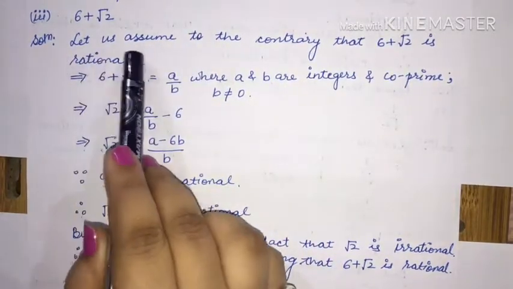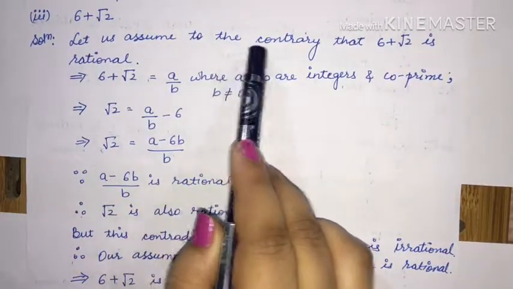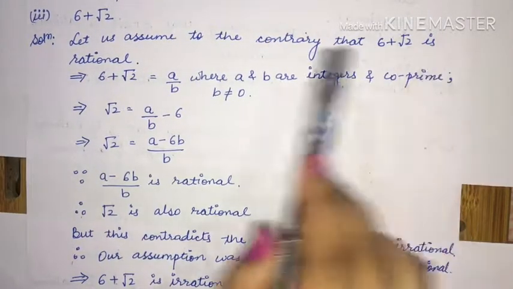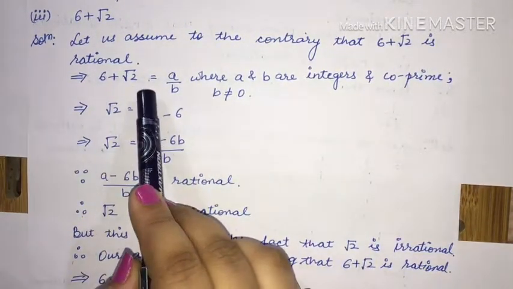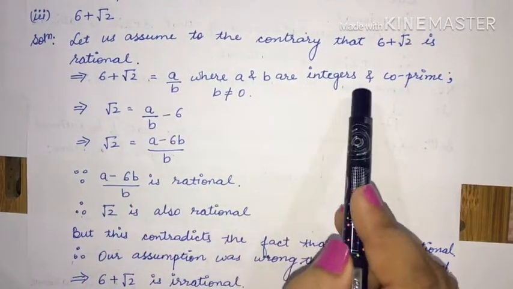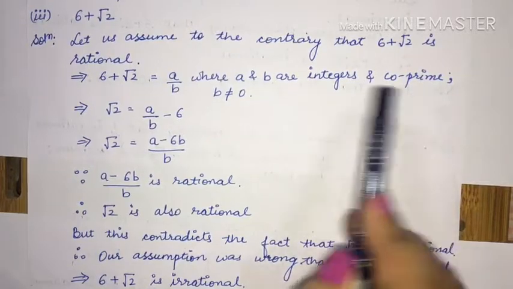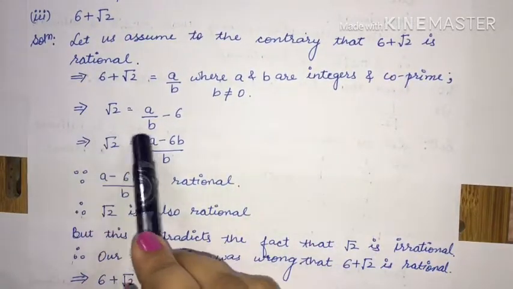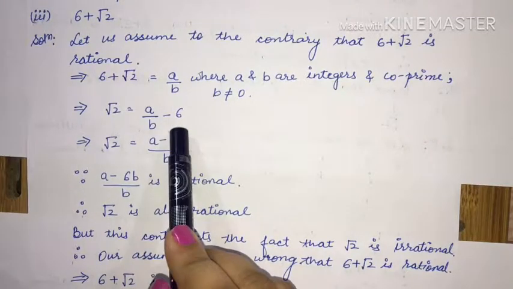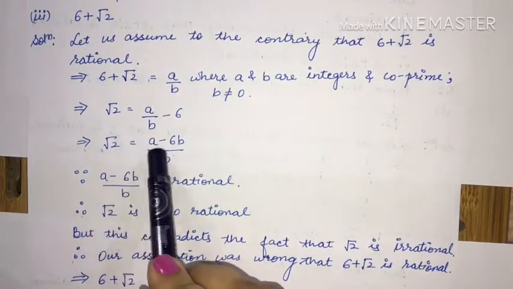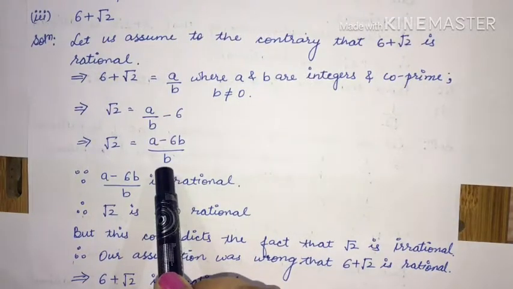So solution, let us assume to the contrary that 6 plus root 2 is rational, which implies 6 plus root 2 is equal to a upon b, where a and b are integers and co-prime and b not equal to 0, which implies root 2 equal to a upon b minus 6, which implies root 2 is equal to a minus 6b upon b.